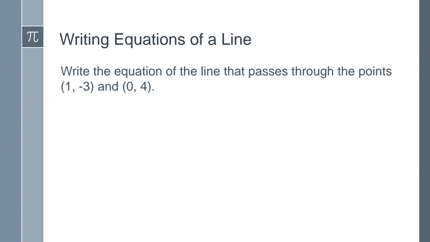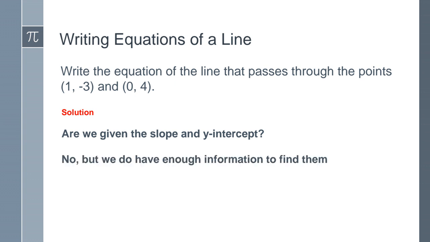We are not given the slope, but we are given the y-intercept in the second point, because x is equal to 0. We know that our y-intercept is going to be 4, right? So that's given, but we need to find our slope. So again, here's the equation written out.